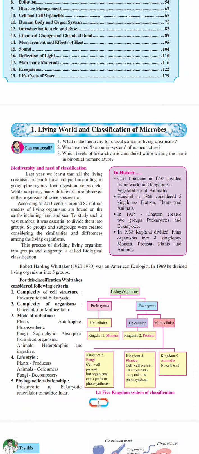Then the fifth category comes as a phylogenetic relationship, meaning prokaryotic to eukaryotic, or unicellular to multicellular. Prokaryotes are single-celled, and they go on to the multicellular, that is eukaryotic, and unicellular is also multicellular.